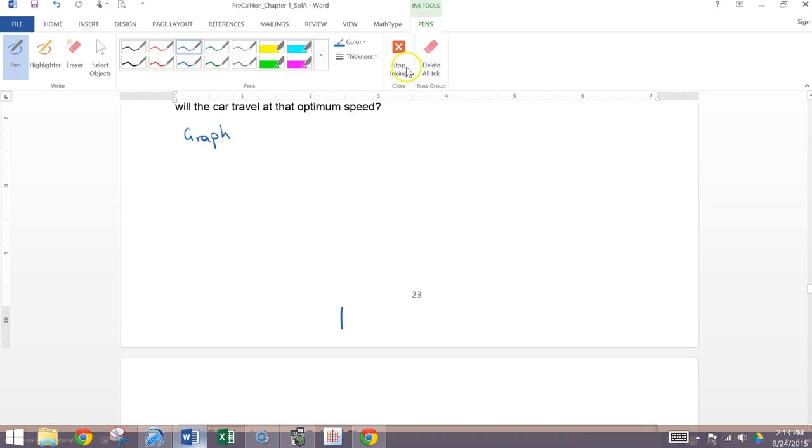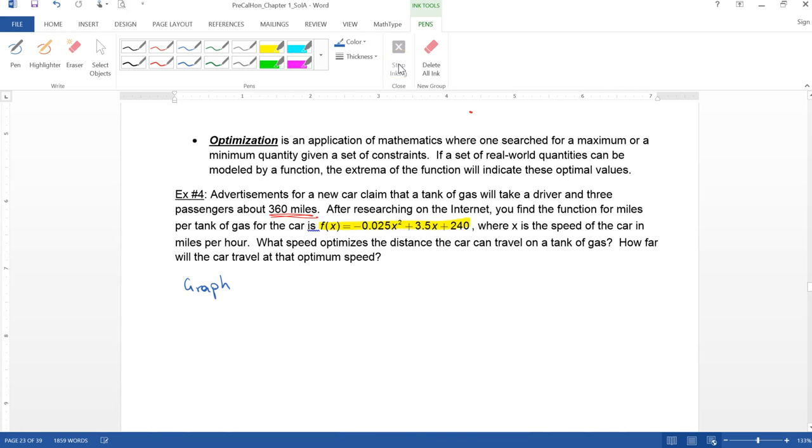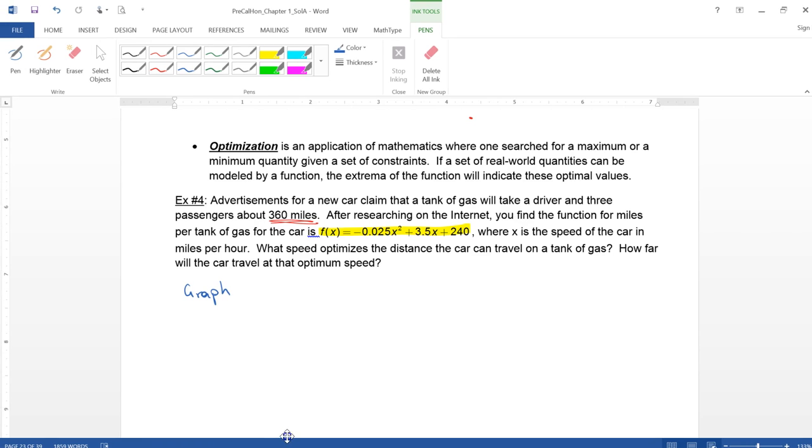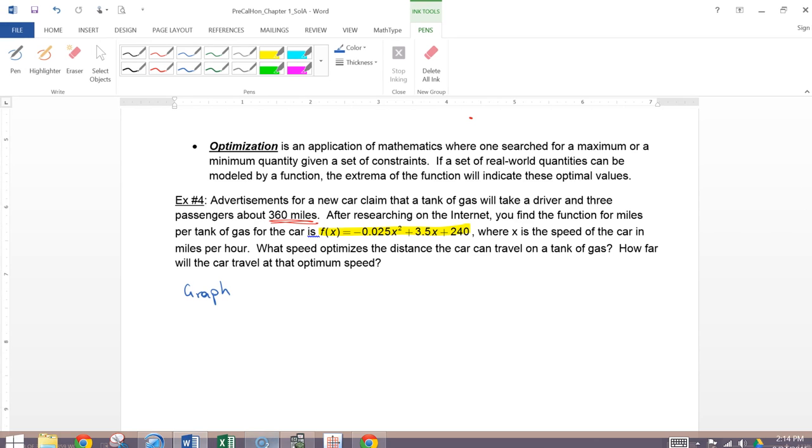Okay, so this is our function. It says if f of x is the distance, we're talking about 360 miles. So we're not going to see anything here, because we're from 0 to 10.